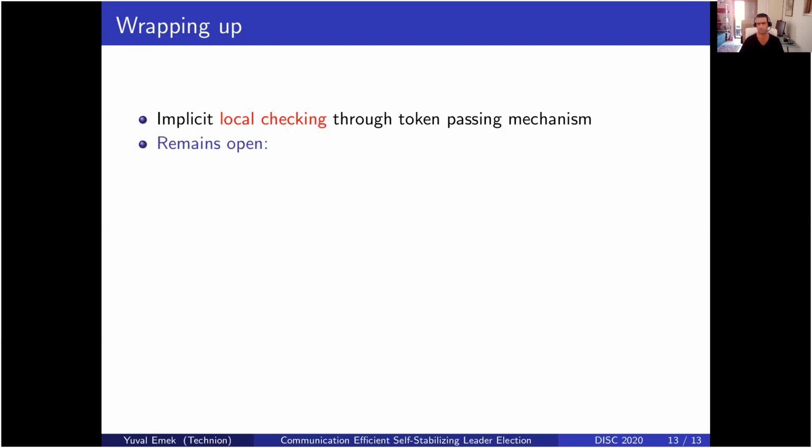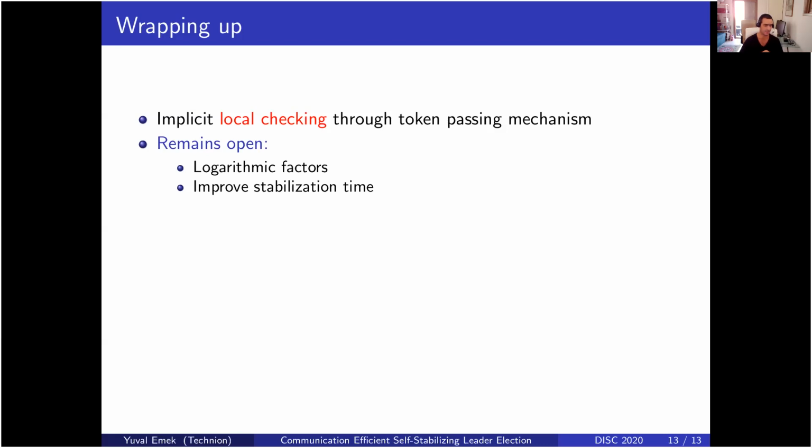Now, things that remain open. First of all, we can try to shave some of the logarithmic factors in our bounds. We can try to improve the stabilization time, which is currently linear or near linear in the number of nodes. Perhaps it can be improved to something linear in the diameter of the graph.